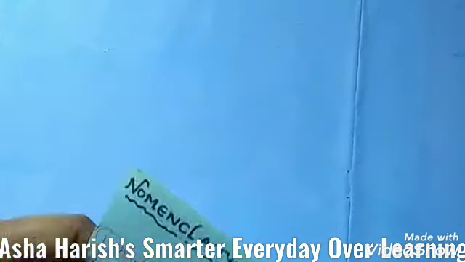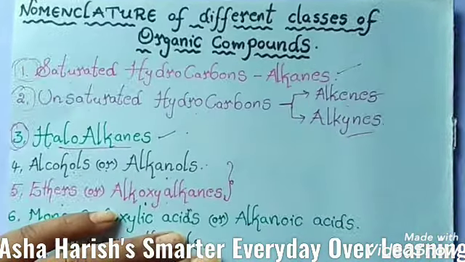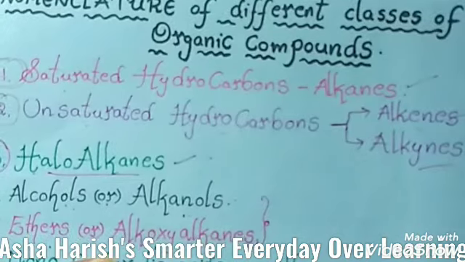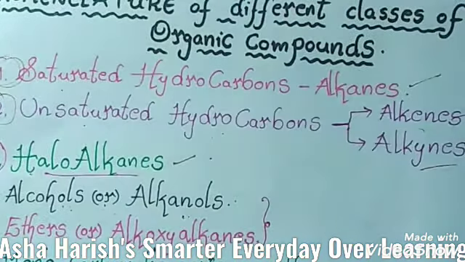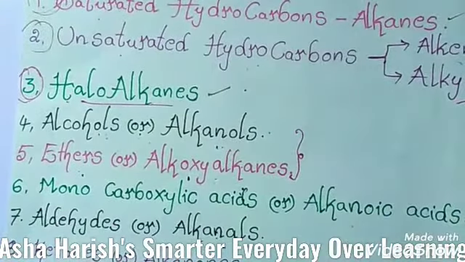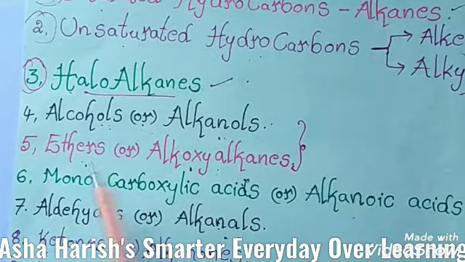Okay students, now in this session, previously we were learning the topic nomenclature of different classes of organic compounds. In this, saturated and unsaturated hydrocarbons, haloalkanes, alcohols, and ethers are also completed.